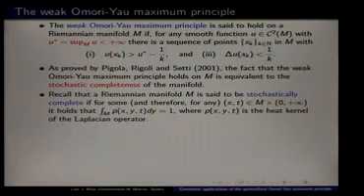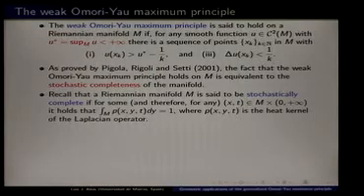Here we recall that a Riemannian manifold is said to be stochastically complete if for some, and therefore for any, x and t, the integral over M of the heat kernel of the Laplacian operator is equal to 1. There are many conditions equivalent to stochastic completeness.